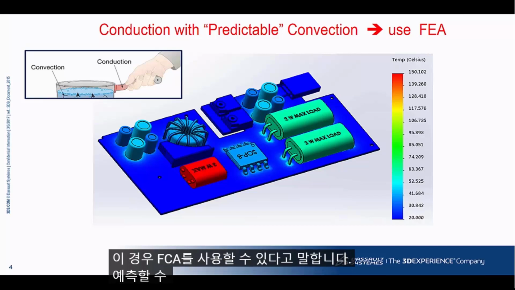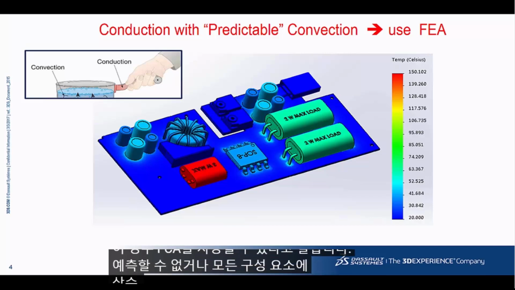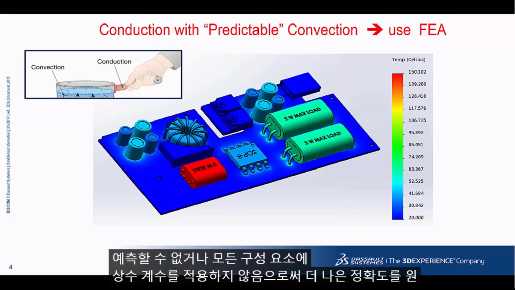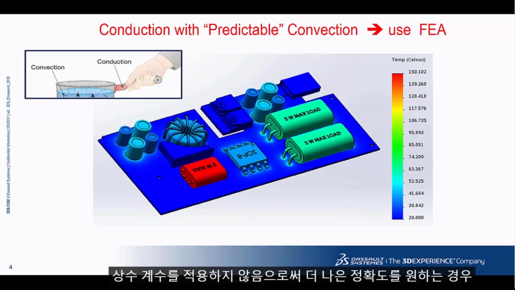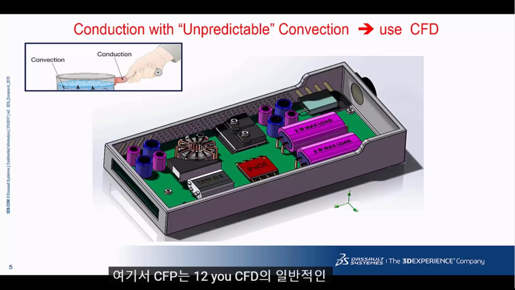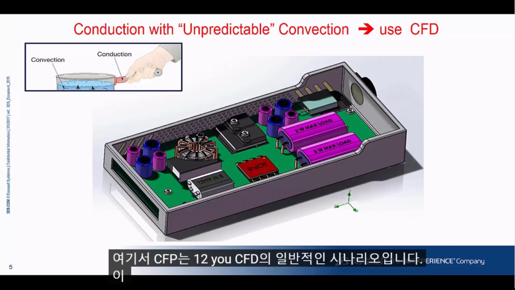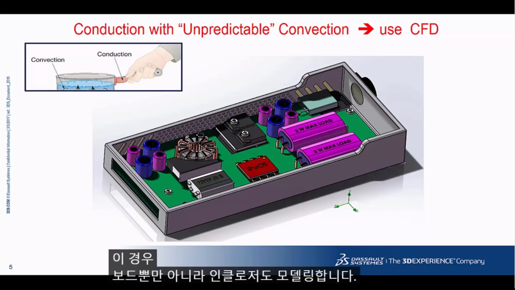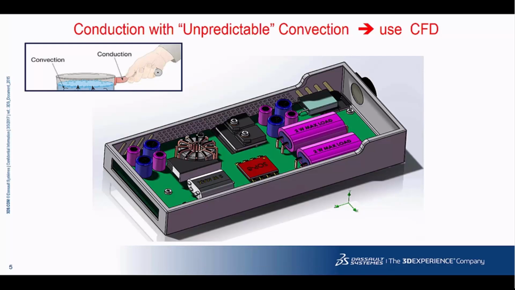If it is not predictable, or if you want better accuracy by not applying a constant coefficient to all components, then use CFD. Here is the typical scenario of when to use CFD. In this case, we are modeling not only the board, but also the enclosure, the convection source, and the fluid volume within the enclosure.